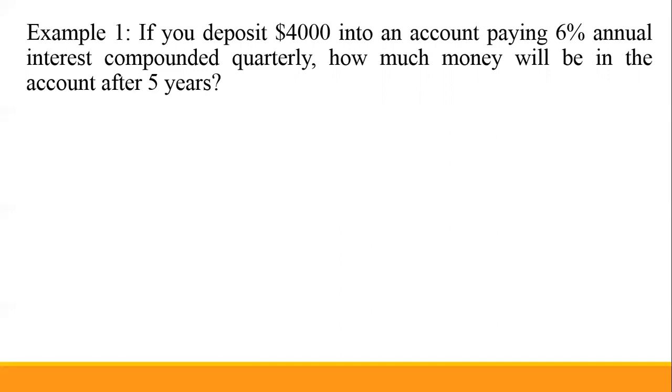Okay, after 5 years. So magkano daw yung pera mo, which you deposited 4,000 and then 6% yung interest compounded quarterly. Okay, so we're going to use the formula that I have shown you earlier.